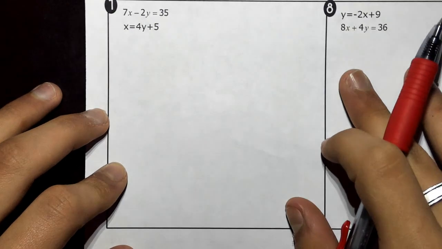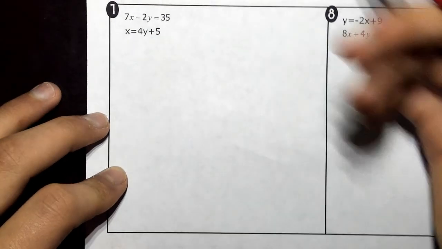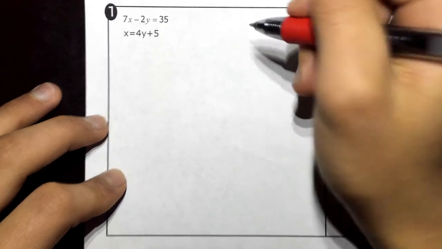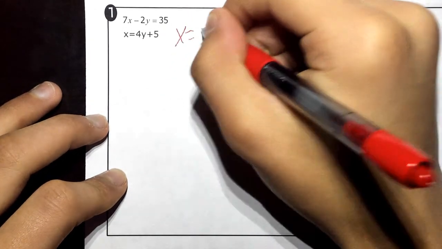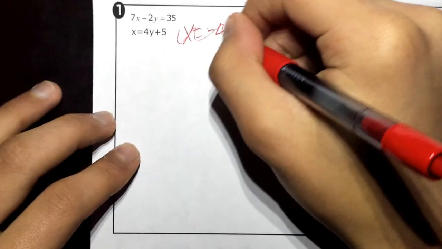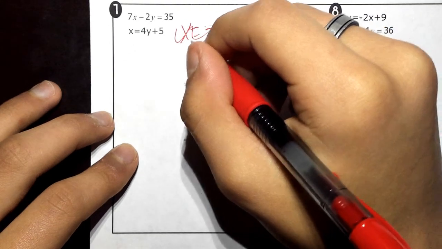Thank you. So, this would be x equals. I know that sounds weird. Oh, that's just 4y. Never mind. Oh, it was right. Never mind. Sorry. It was already simplified.